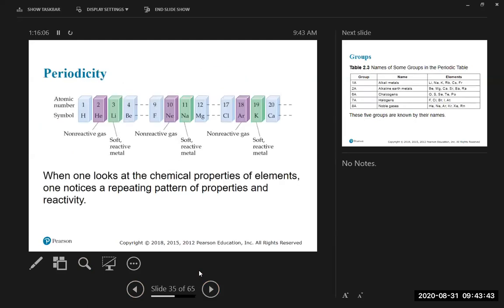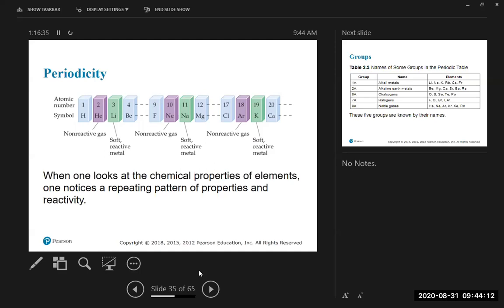Helium and those are non-reactive gases. What does non-reactive gas mean? Like right now, I'm not getting any reaction at all. It means nothing's going on. Those gases are pretty inert. They don't react much.